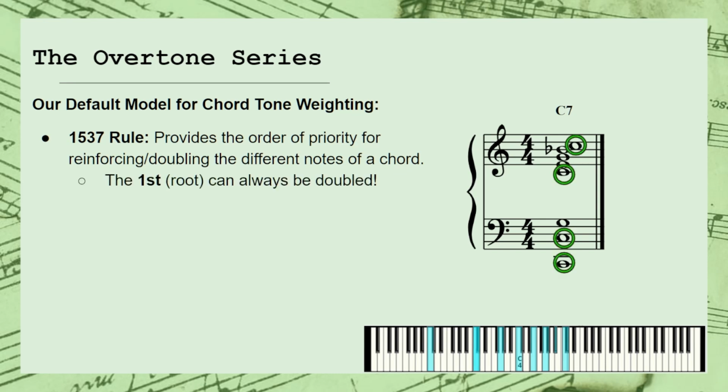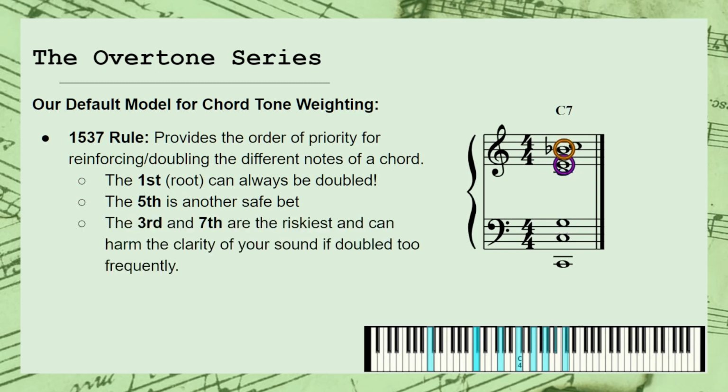The 1st, or root, always takes the highest priority because it literally makes up half of the notes in the first 8 partials. And the 5th takes the 2nd priority, since it appears 2 times. Then we have the 3rd and the 7th, which are the least important notes, since they each appear only once in our first 8 partials.